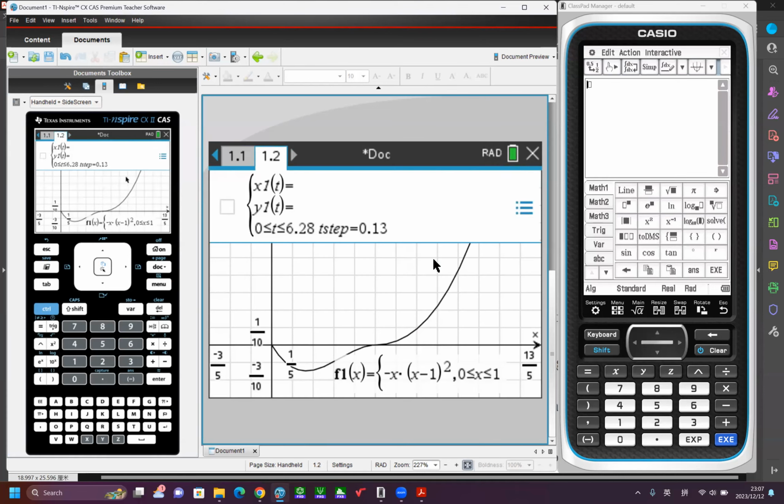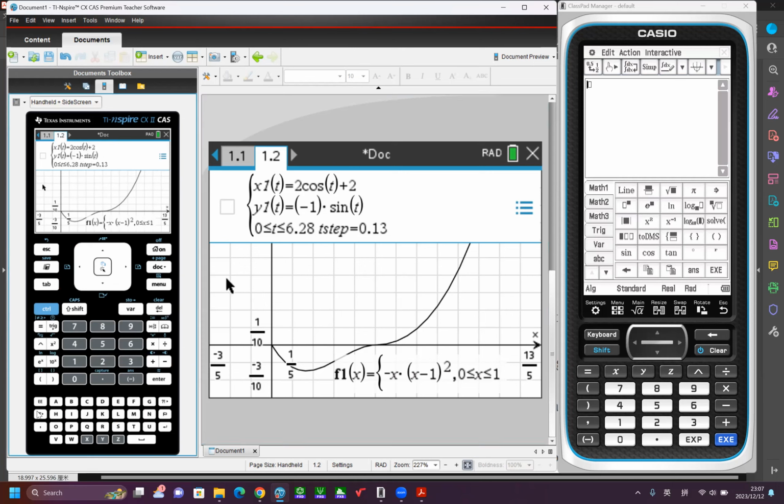Okay. So now we can just type in the two equations. x equals 2 cosine of t plus 2. y of t is (e minus 1) times sine t. Oh, by the way, this is just my shortcut from computer.